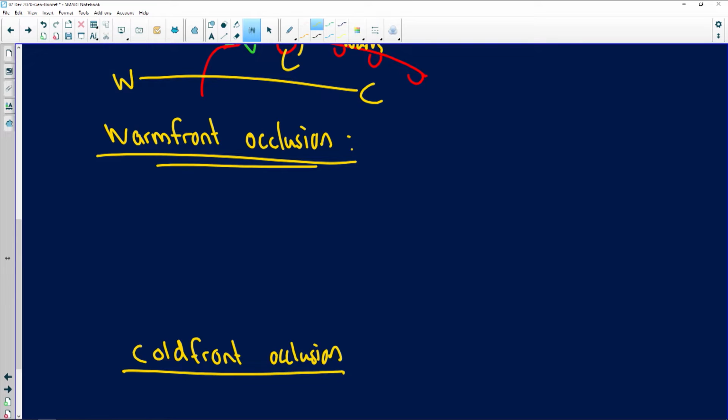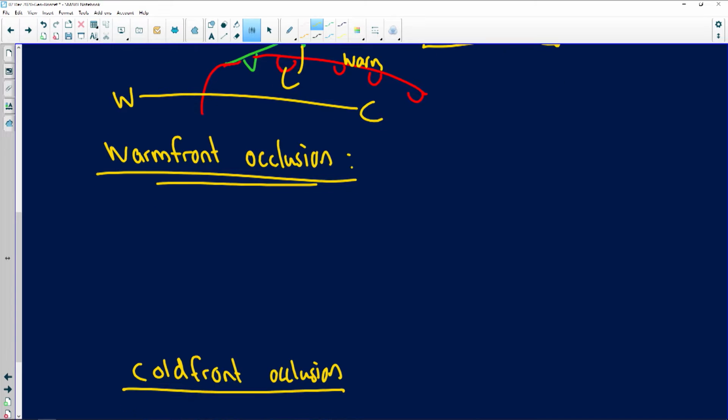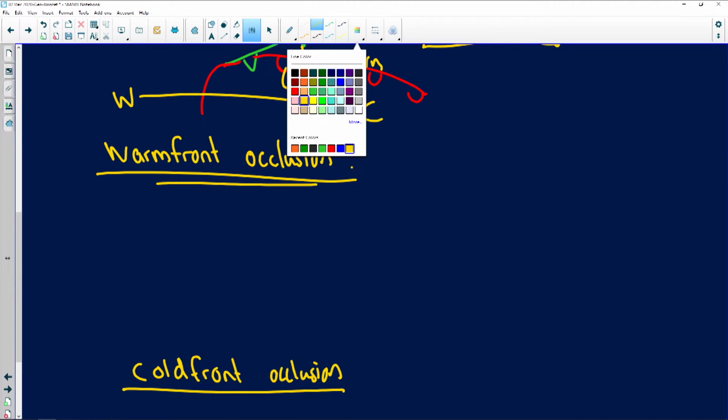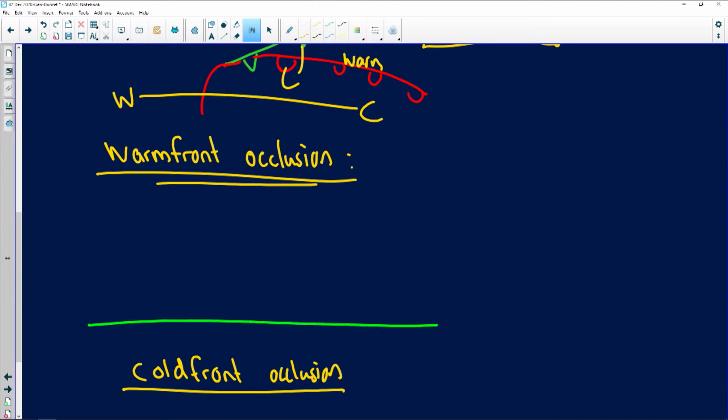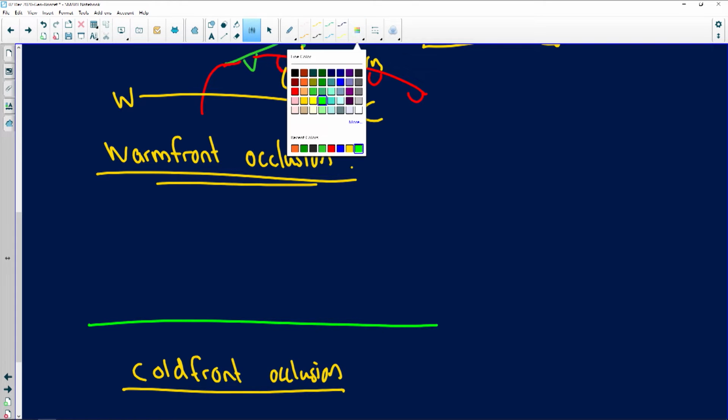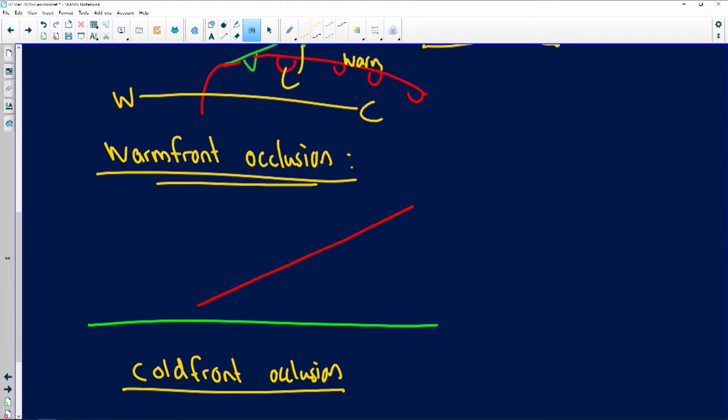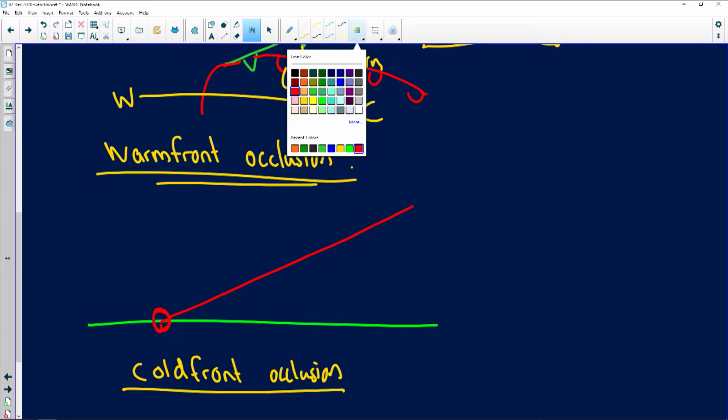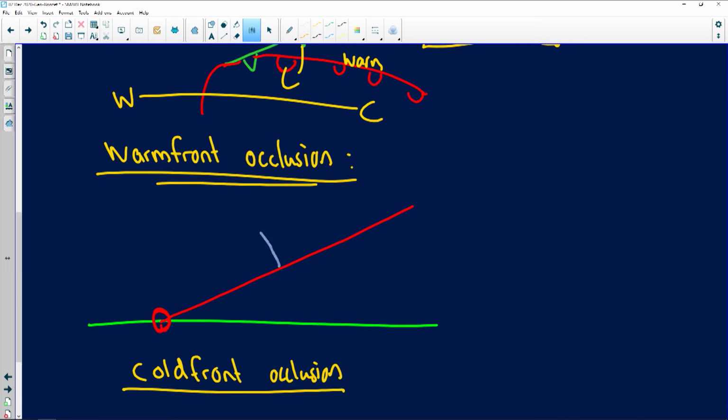What happens with a warm front occlusion is that the cold front and warm front eventually catch up with one another. The warm front attaches itself to the surface. Very important, it's the warm front that attaches itself to the surface right there, and the cold front is attached to the warm front.